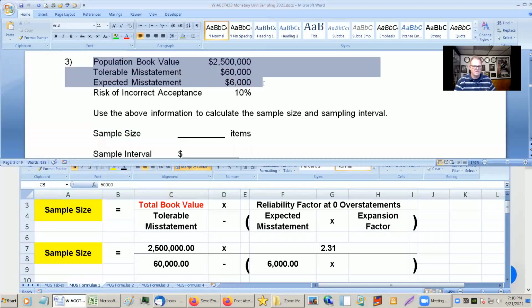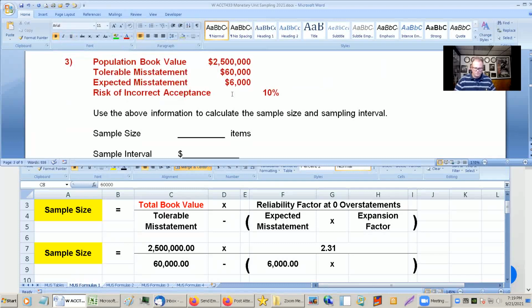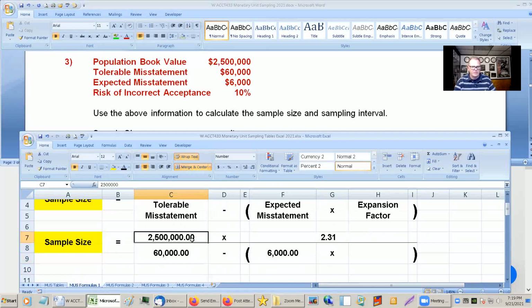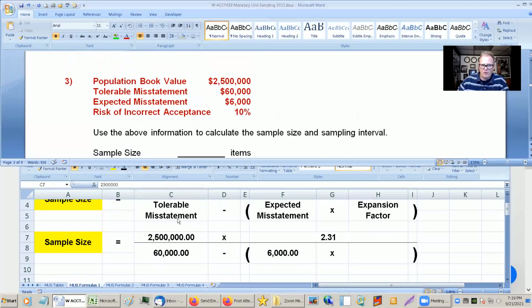I'm using these numbers up here, just plugging them in. This is the same formula we used last time, but I'm doing it in Excel because I think it's easier to read. If you want me to go back to the way I did it before, I'm fine doing it the other way. I'm just taking these numbers and plugging them into our formula down here.